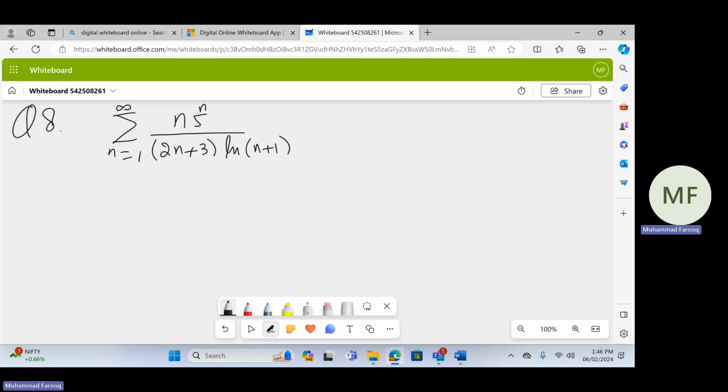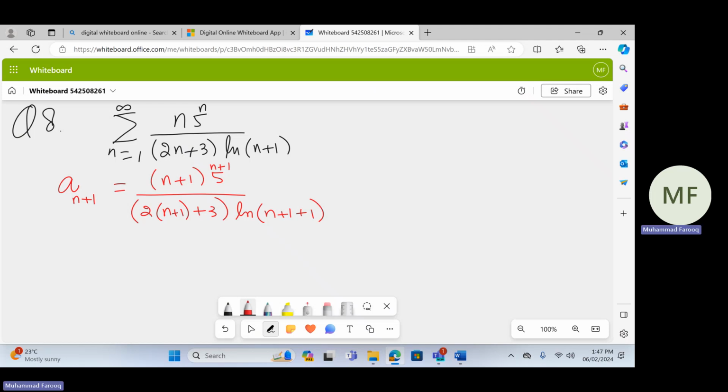So wherever you have n, it should be replaced by n plus 1. 5 has n power, which becomes n plus 1 now, because we are calculating the a sub n plus 1 term. Divide by 2 times n, replaced by n plus 1, then plus 3 is already here. Then we have the ln function, whose argument is replaced by n plus 1, and plus 1 in the last one.